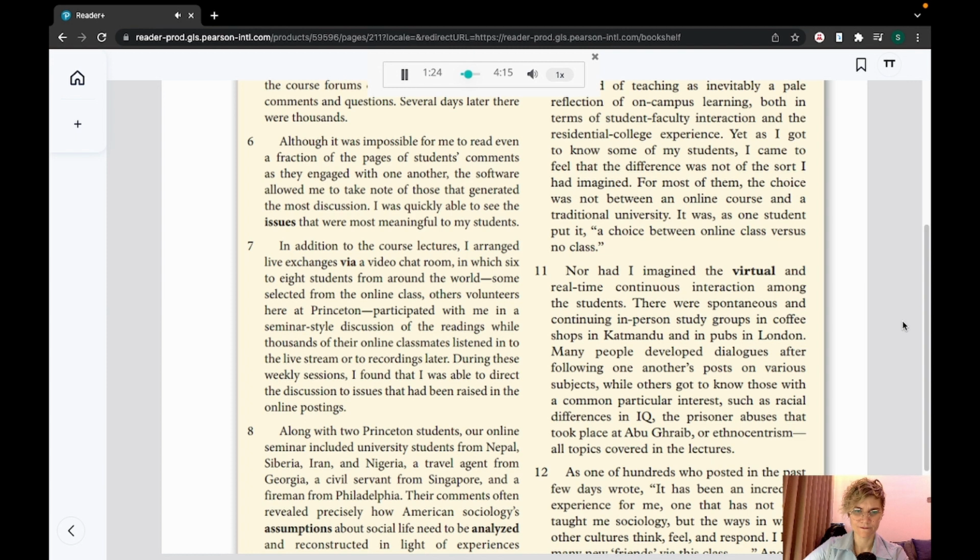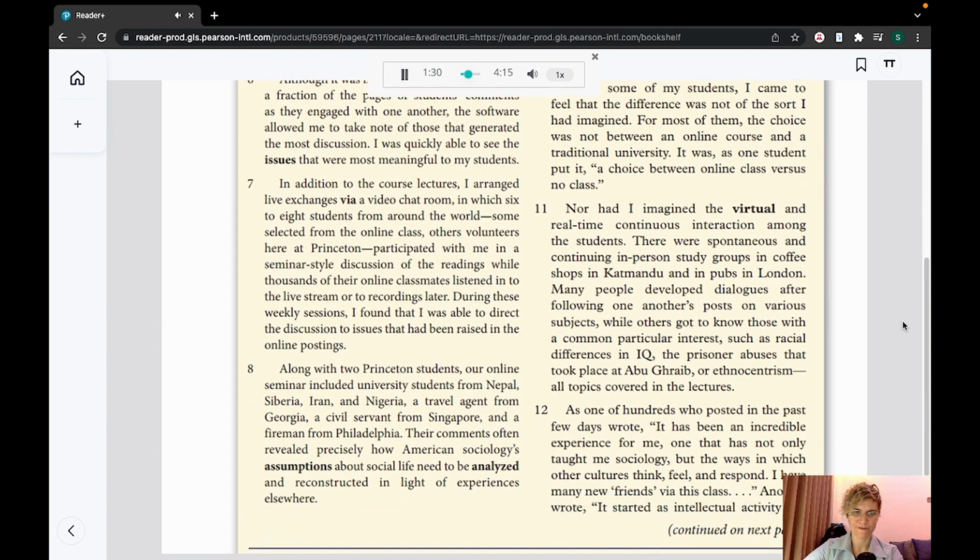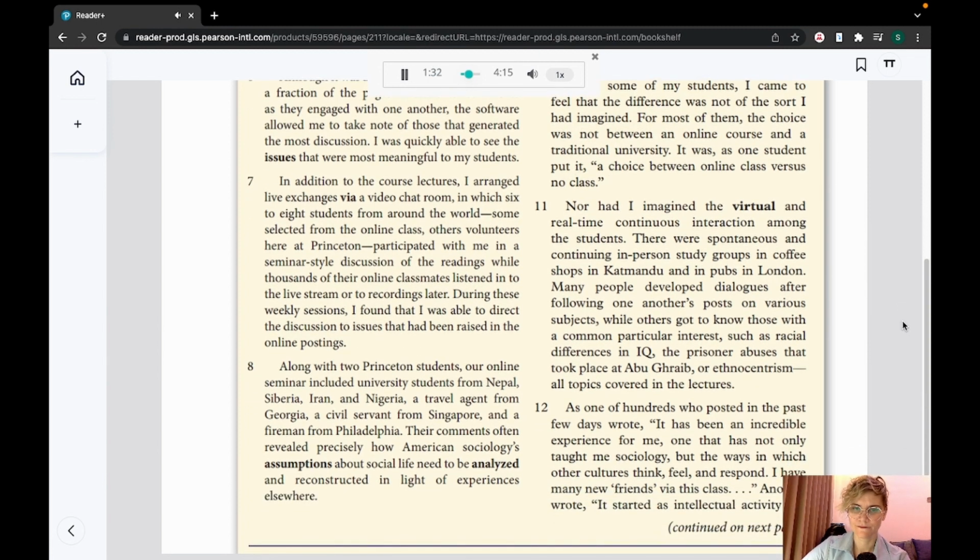During these weekly sessions, I found that I was able to direct the discussion to issues that had been raised in the online postings. Along with 2 Princeton students, our online seminar included university students from Nepal, Siberia, Iran, and Nigeria, a travel agent from Georgia, a civil servant from Singapore, and a fireman from Philadelphia.